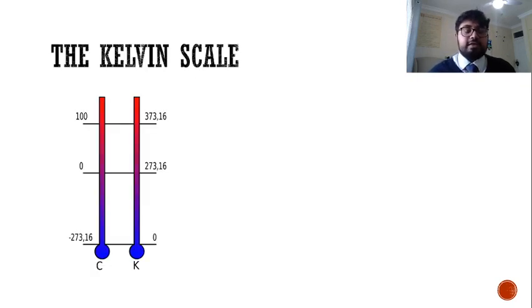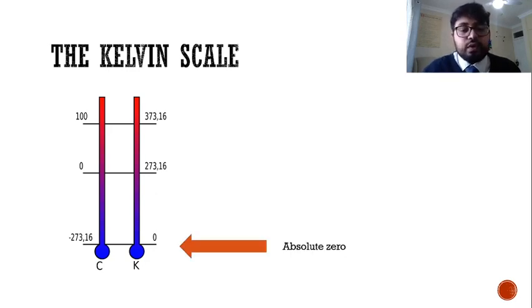So the Kelvin scale. The Kelvin scale starts at minus 273.16 degrees Celsius, and that is a point called absolute zero. Now, at 0 degrees Celsius, it is 273.16 Kelvin.